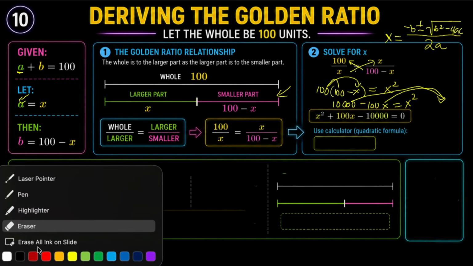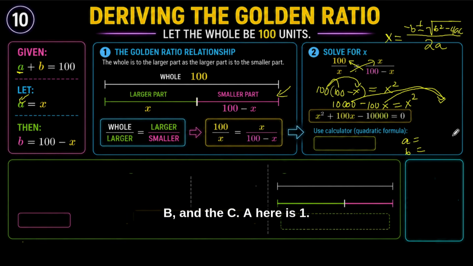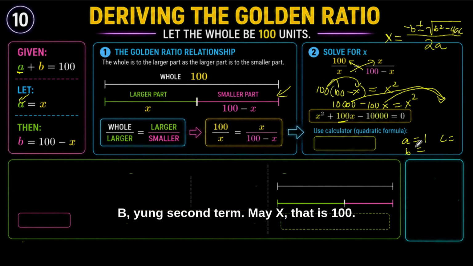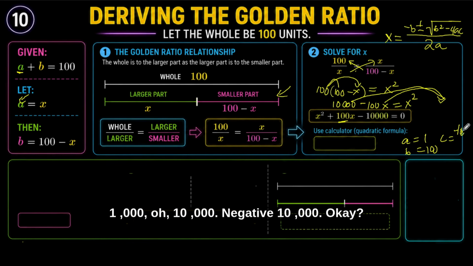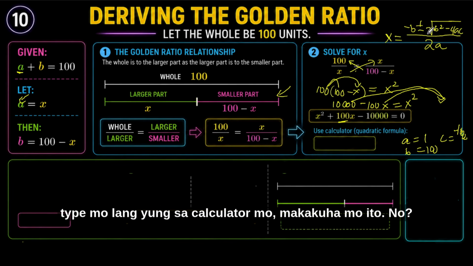Okay? So, what we're going to do is to find the a, the b, and the c. A here is 1, b in second term, may x, that is 100. C is negative 10,000. Okay? So, tapos, type mo na yun sa calculator mo.